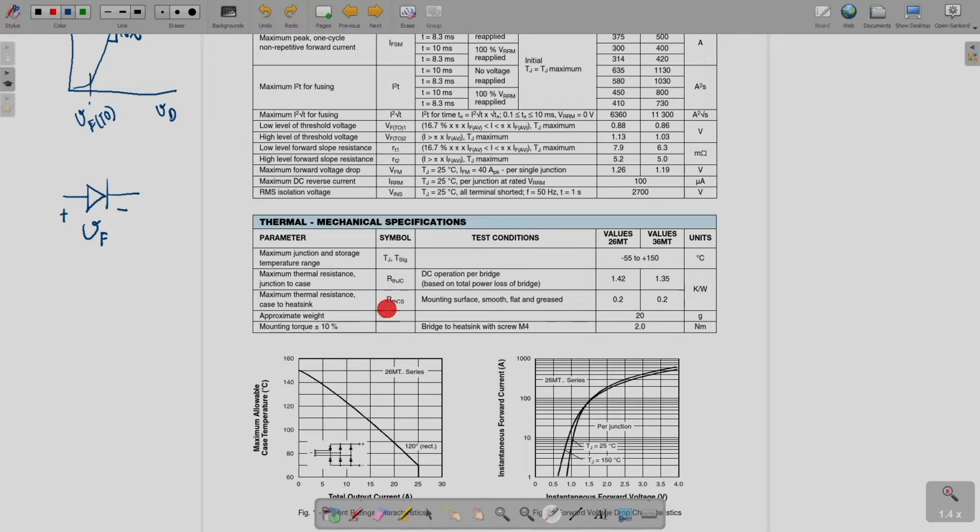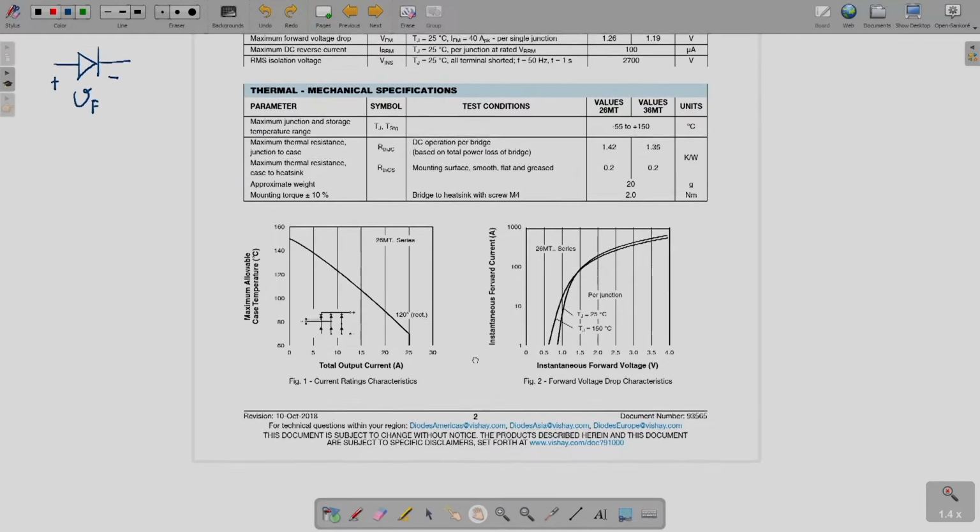Then your thermal resistance case to sink, meaning case to heat sink. So, that also is given over here, and then weight and mounting torque, when you want to put it on the PCB. So, how do you mount it, what should be the torque that has to be provided, that also is given in the data sheets.